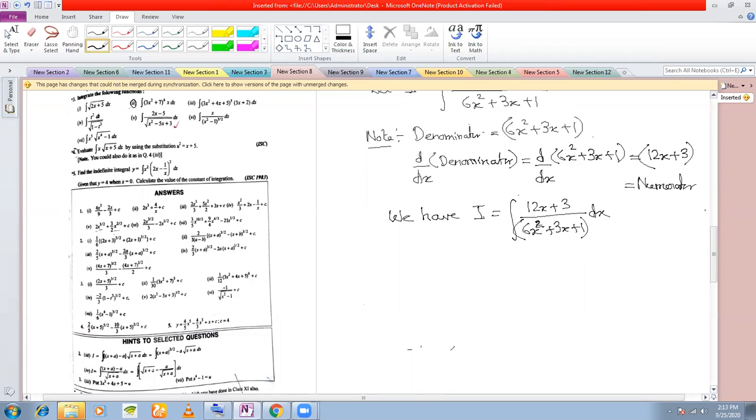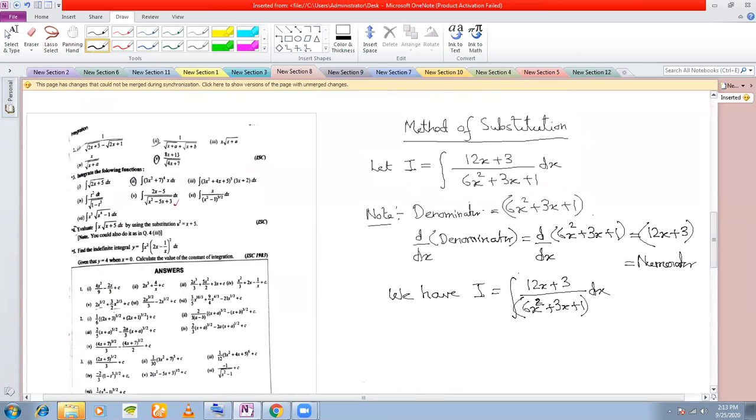So here what I see in the sum is that the degree of the denominator is 2, right? And what is the degree of the numerator? It is 1. So 2 minus 1, what is the difference? 1.